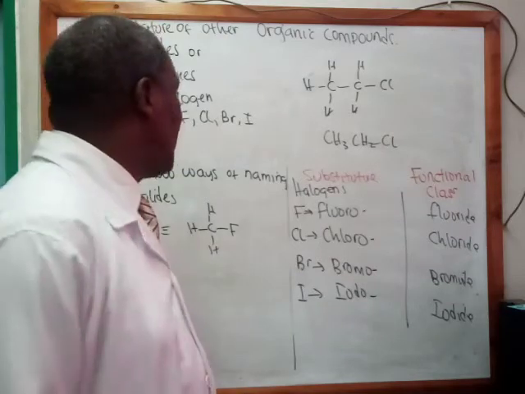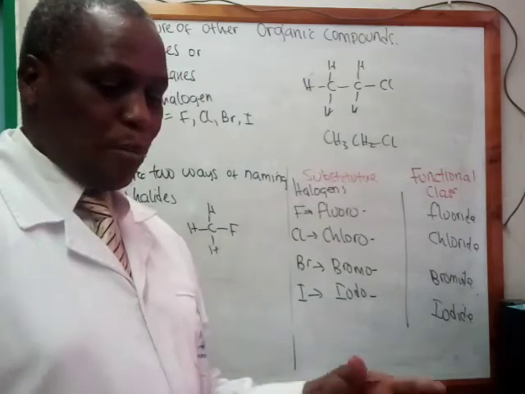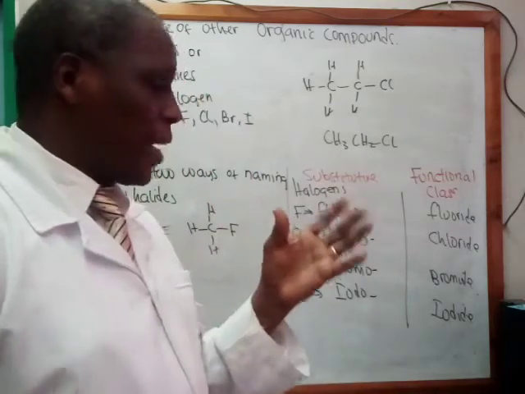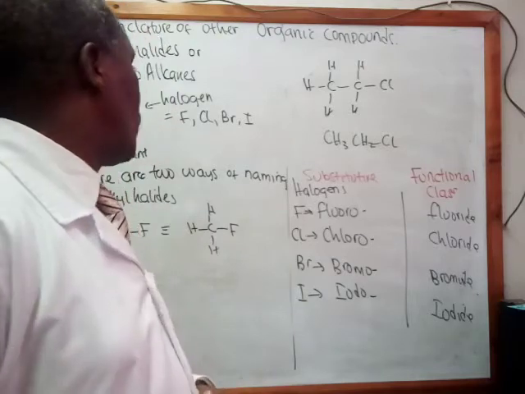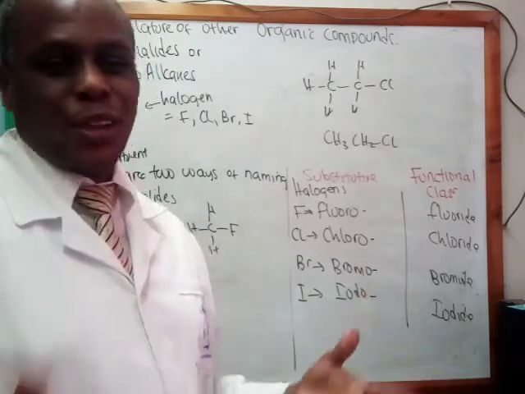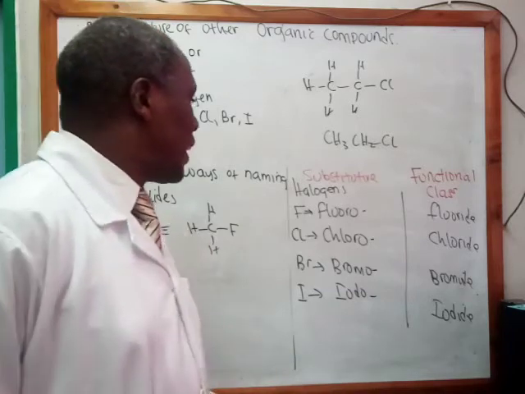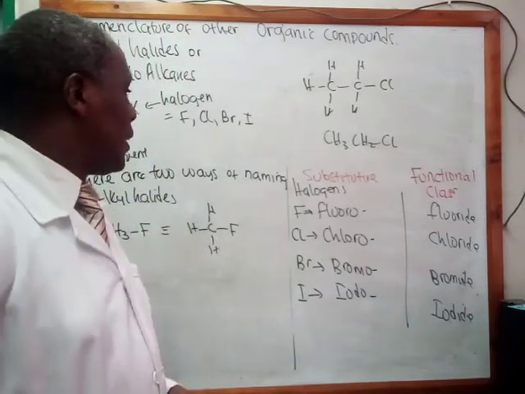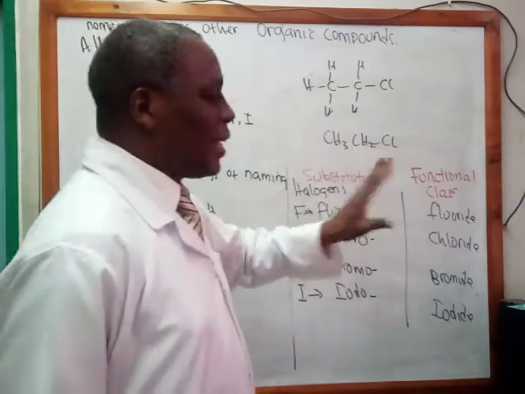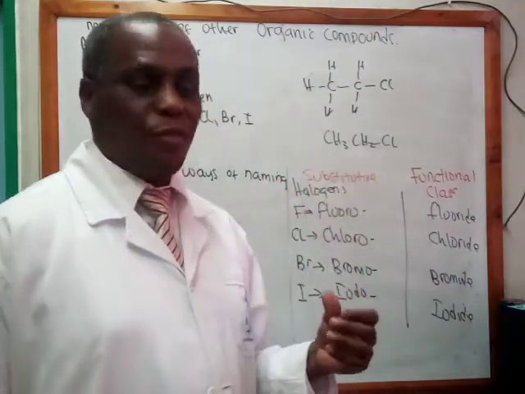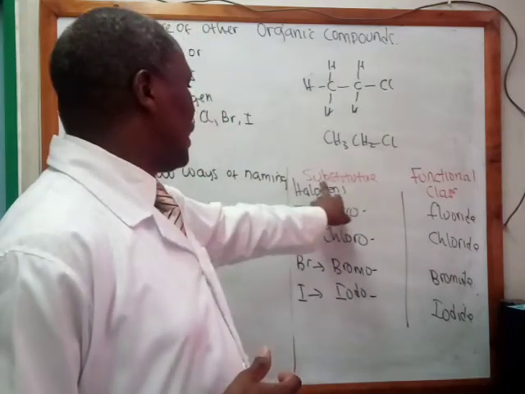So now we are dealing with a case in which a compound can be called by two ways of naming, two forms of nomenclature. There are two ways of naming alkyl halides.